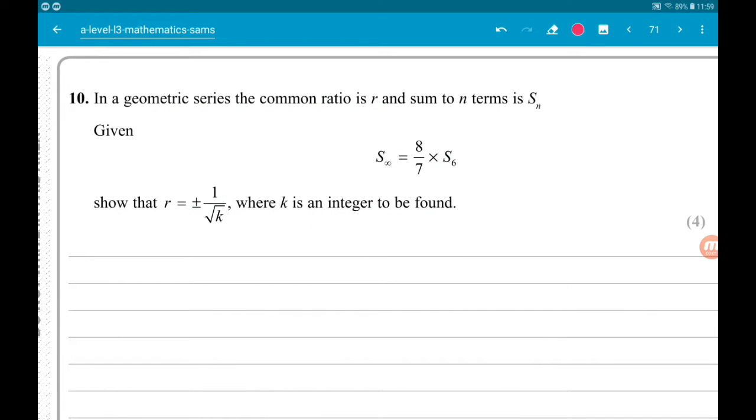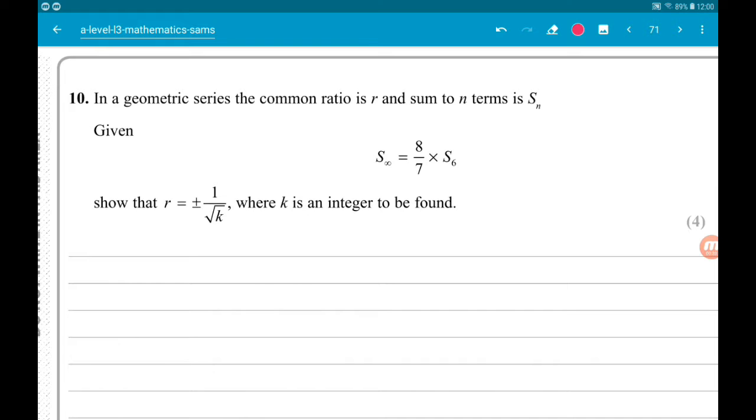Okay, number 10. In the geometric series, the common ratio is r, and the sum to n terms is Sn. Given that the sum to infinity is 8/7 times S6, show that r is plus or minus 1 over root k, where k is an integer to be found.